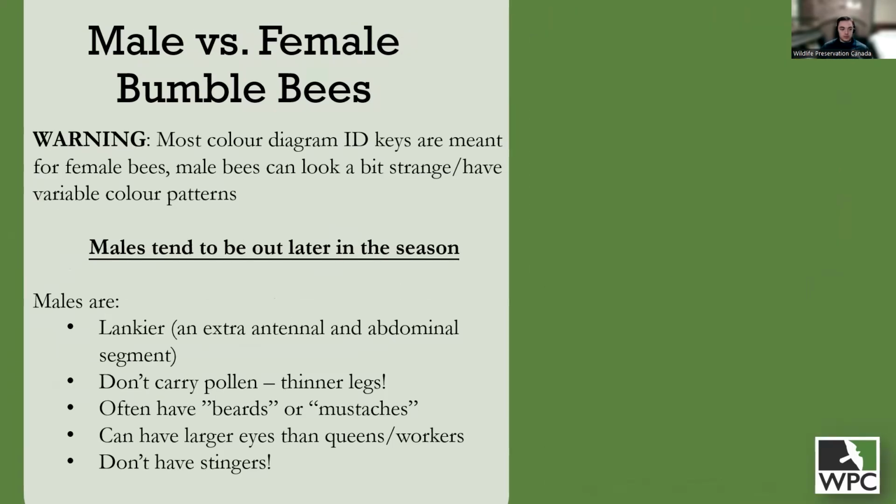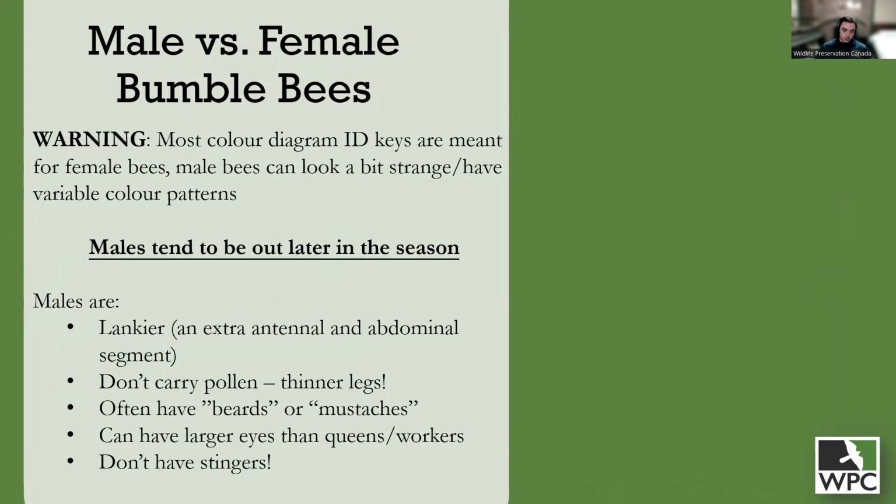So I will start this by prefacing that the ID resources and the diagrams that are provided, specifically with our ID cards and on Bumblebee Watch, are representing female bees. Male bees can look strangely different.